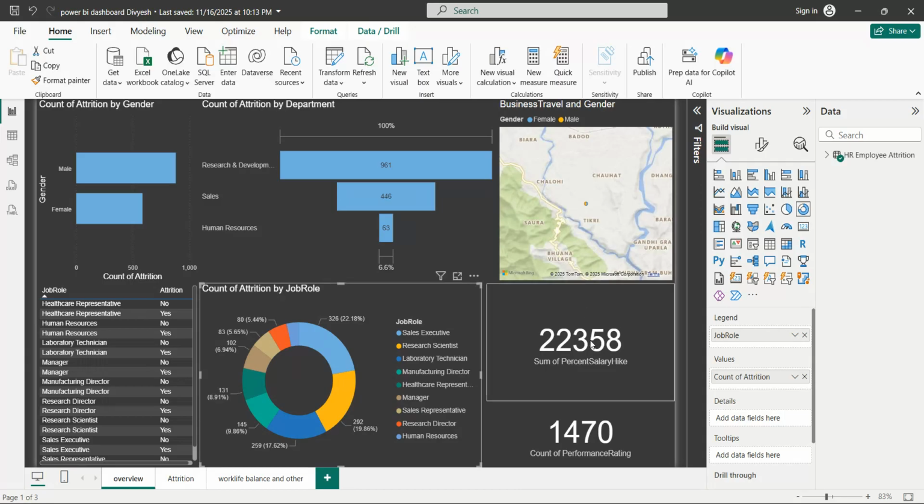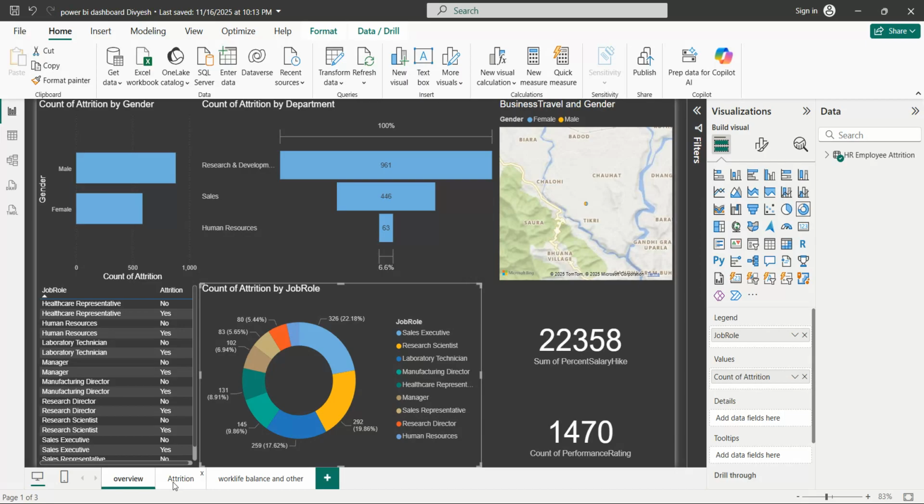This KPI shows the total percent of salary hike given to employees. Despite salary hikes, attrition is still high in some job roles, highlighting that salary alone cannot retain employees. And the count of performance rating is 1,470. This shows the total count of performance ratings recorded. It helps us understand whether low performance ratings correlate with attrition or not.